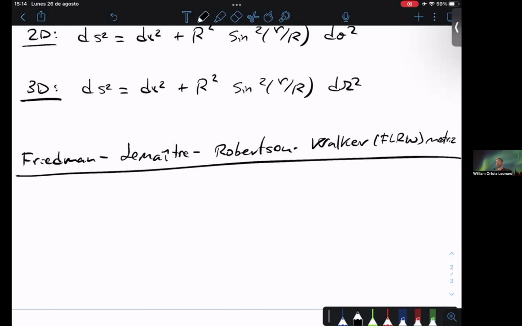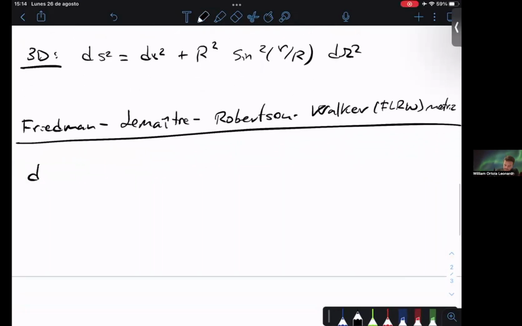So this metric is for a universe which is homogeneous and isotropic, and it is given by the following equation, where I need to remind you that we are in a 4-dimensional space, since we have 3 dimensions of space and 1 of time. So basically we are in a space-time of 4 dimensions.